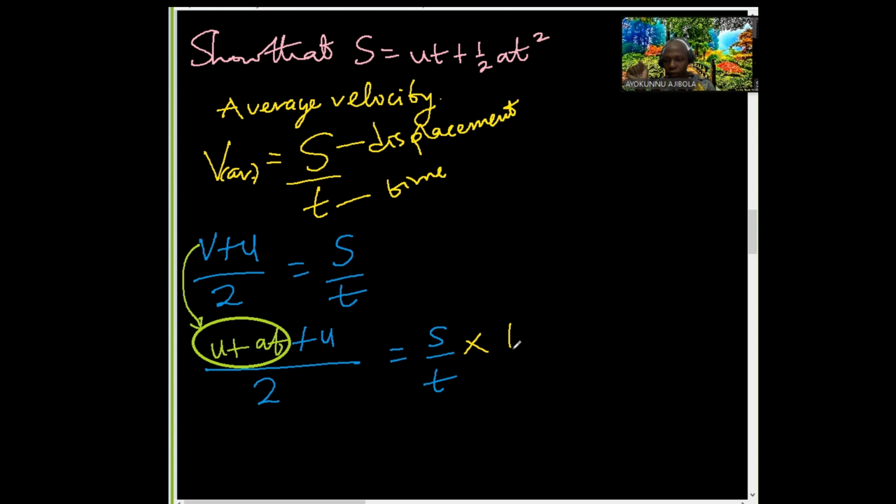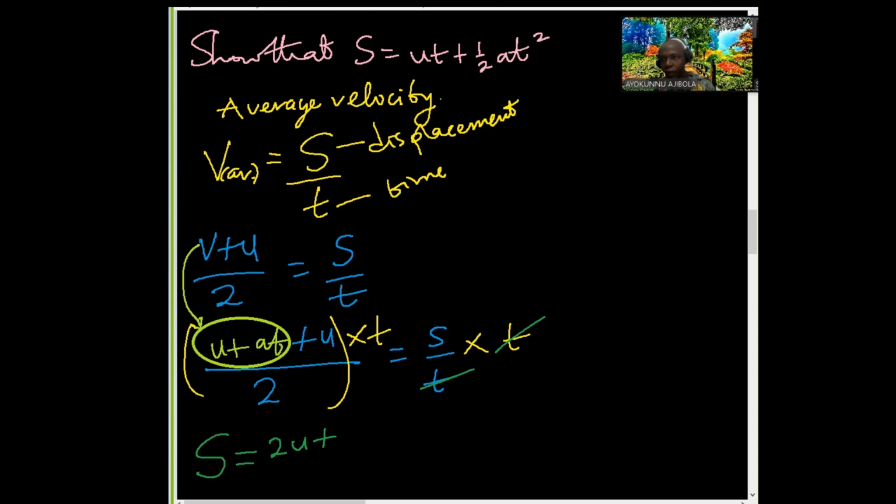You multiply both sides by t, then on the right side, t cancels t. Then you have s equal to, if you use t to open the bracket, we have 2u plus at because there's no bracket here. Is that clear? Yes, sir.